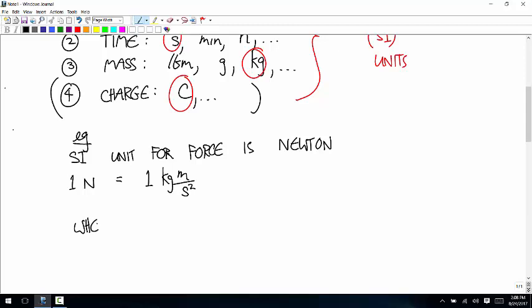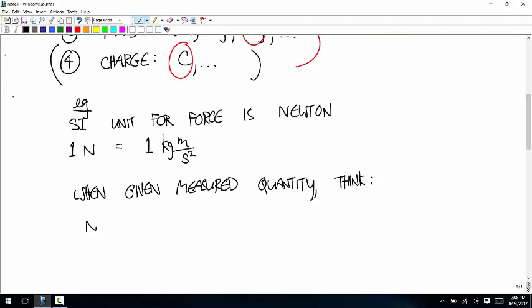So when you're given one of these measured quantities, think of it as a number multiplied by a unit. And really that's physically what it is.